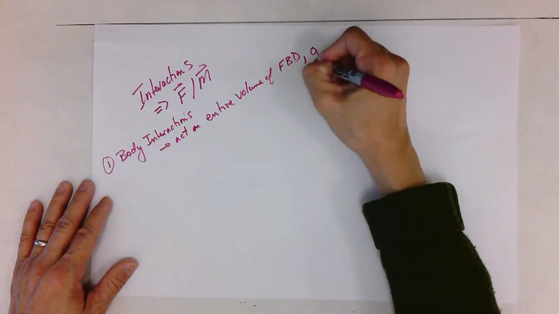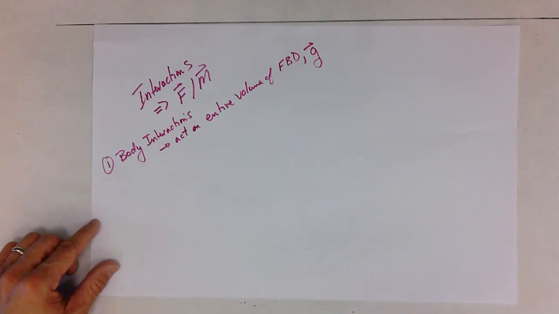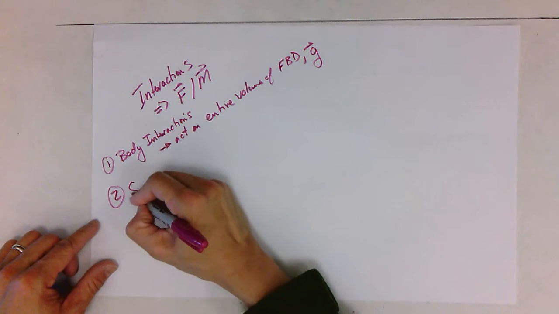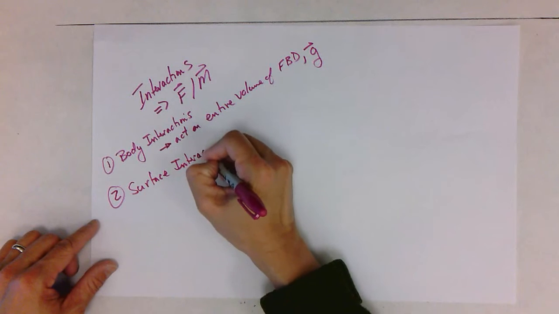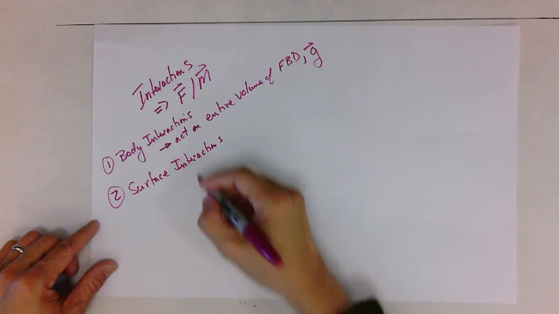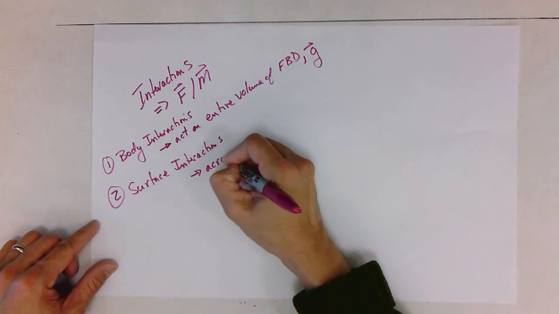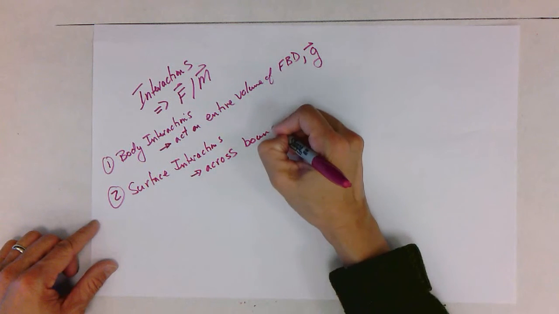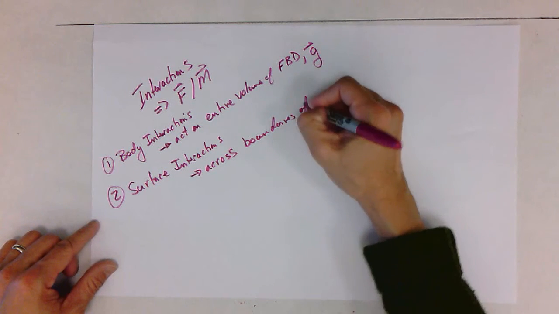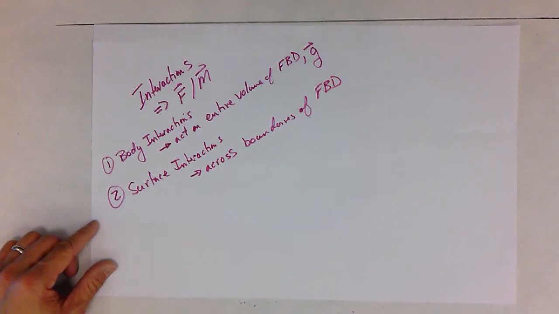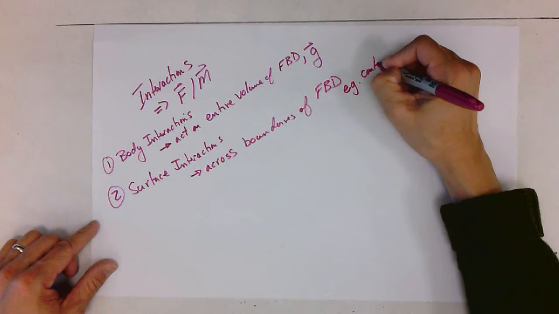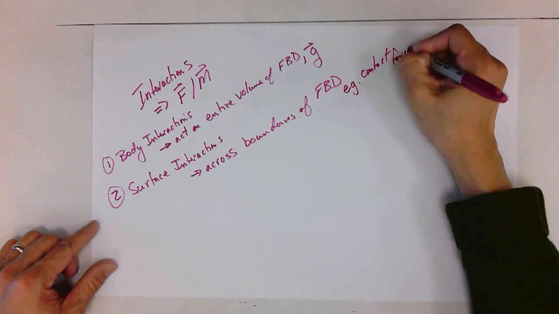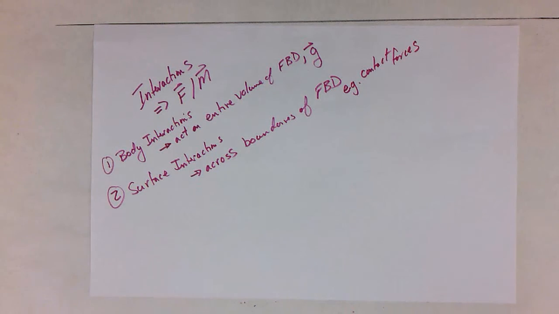Of course our most common example is gravity, which acts on all the particles of the box. And the other category would be called surface interactions, and these apply across the boundaries that we've defined. So, for example, anything in contact with the body: the table, for example, the box on top.